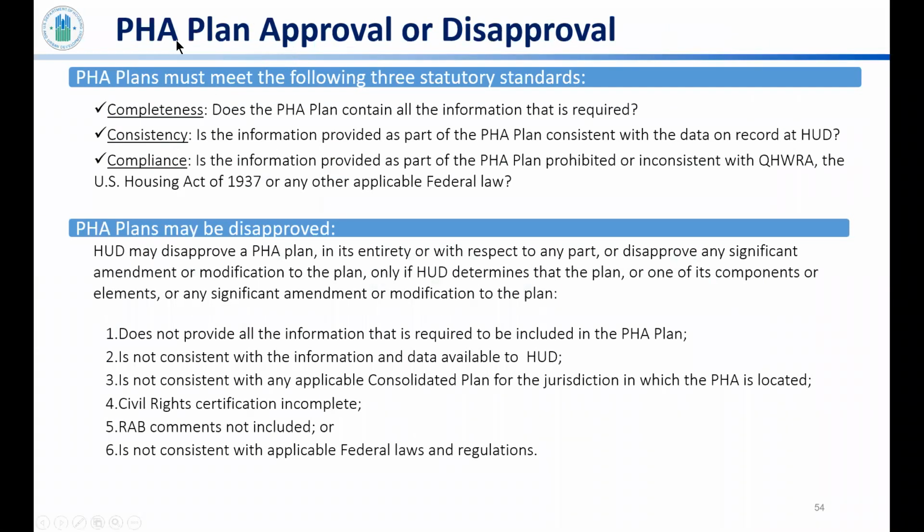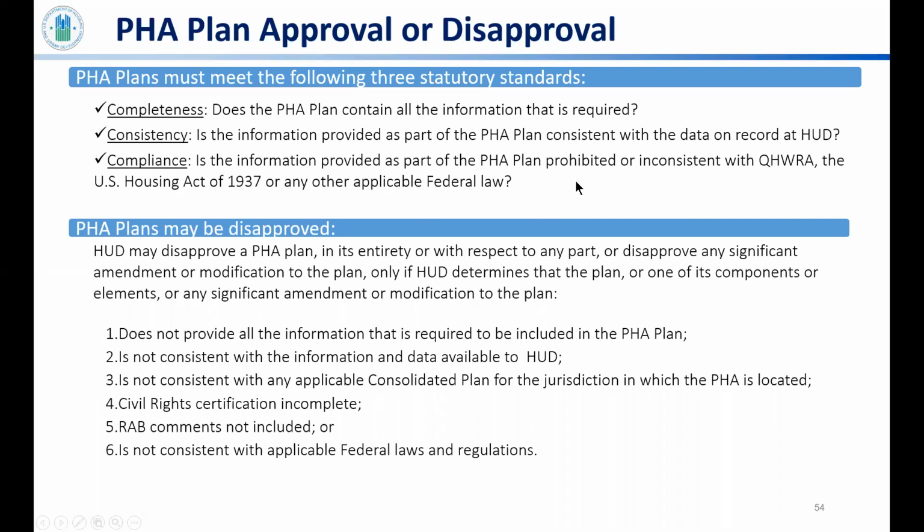There are several reasons why a PHA plan might be approved or disapproved, but basically, if your plan contains all the information required, and the information provided as part of the PHA plan is consistent with the data on record at HUD, and the information provided is not prohibited by or inconsistent with QHWRA, the U.S. Housing Act of 1937, or any applicable federal law.